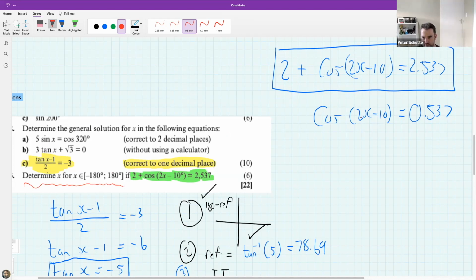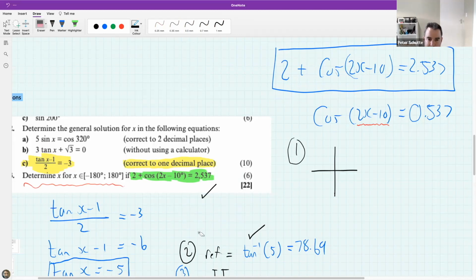Now, what is different here is that no longer is there just an x inside, there's a 2x minus 10. But the good news is there's only one little thing we have to do differently to handle this. So what was our first step? It was to find where cos is positive. So where is cos going to be positive? Let me know in the chat where you think cos is going to be positive.